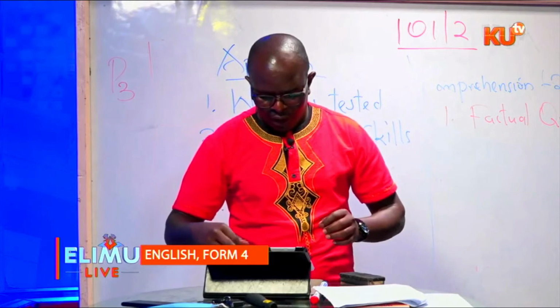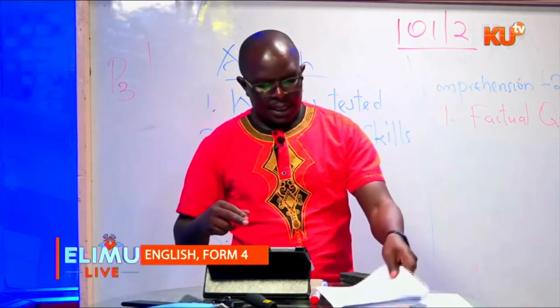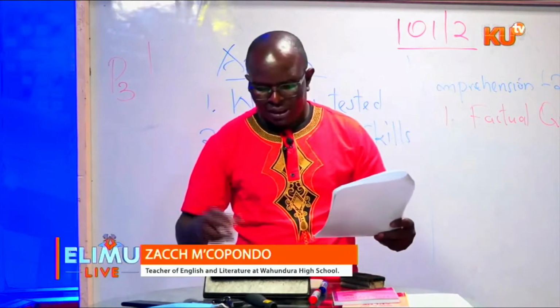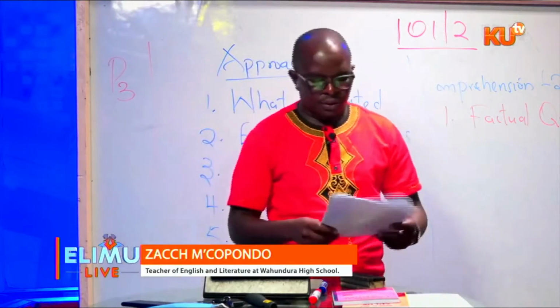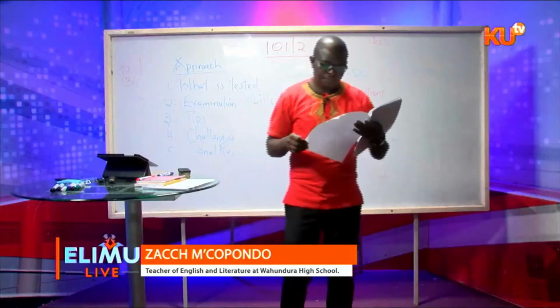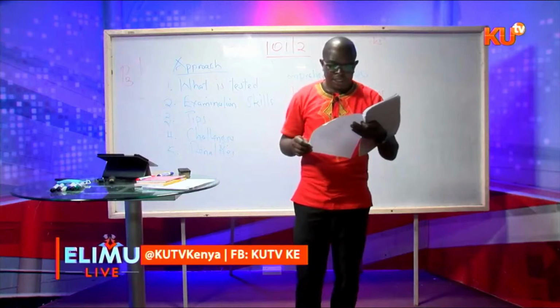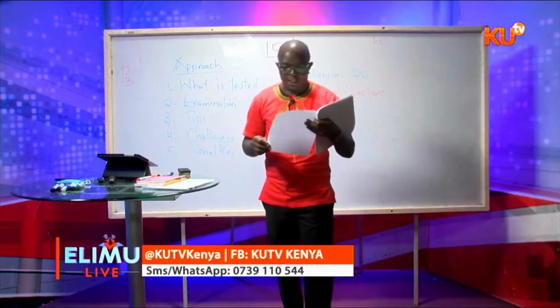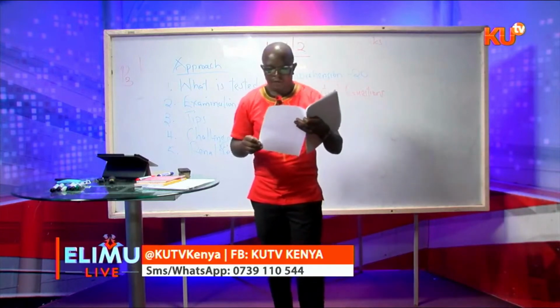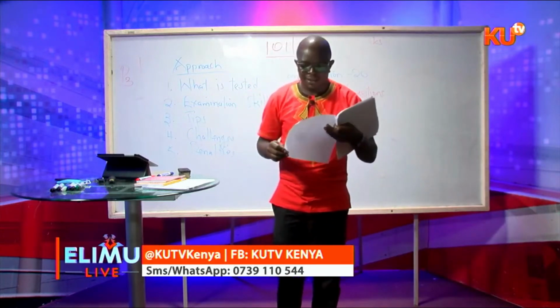For example, when you are asked, according to the passage, where did coffee get its name from? You simply need to go to the passage. If you read paragraph 2, it says the coffee tree is a native of the highlands of southern Ethiopia, and the name coffee is derived from that of the highland district of Kaffa.